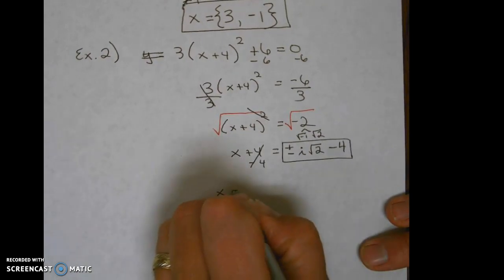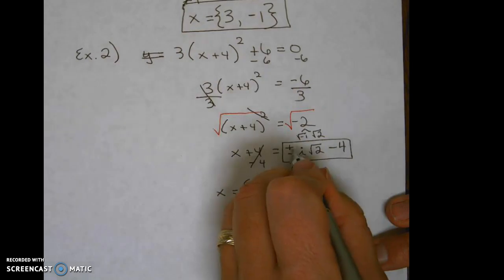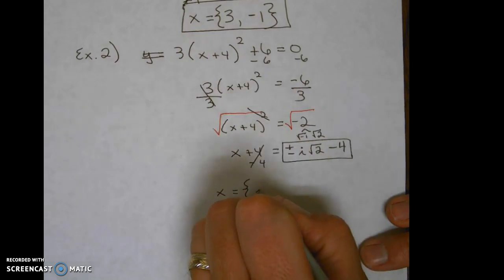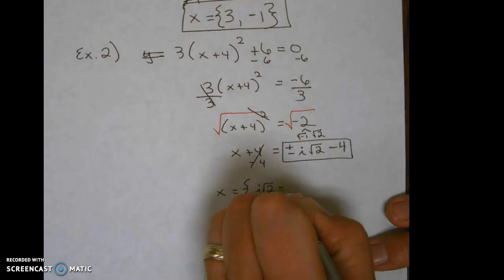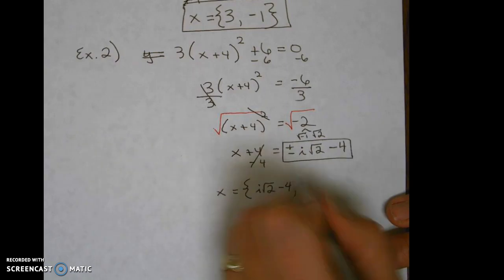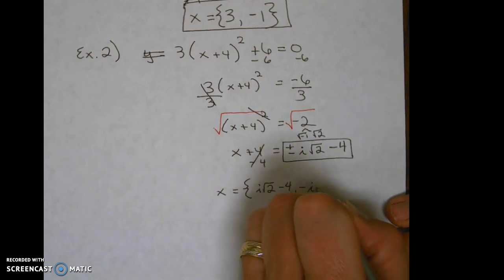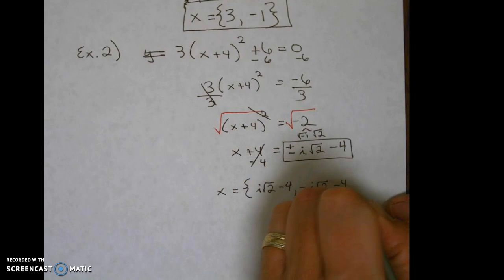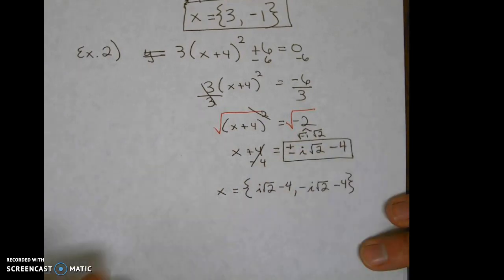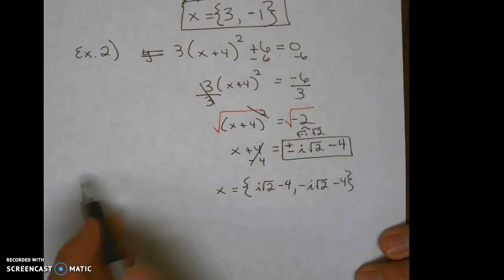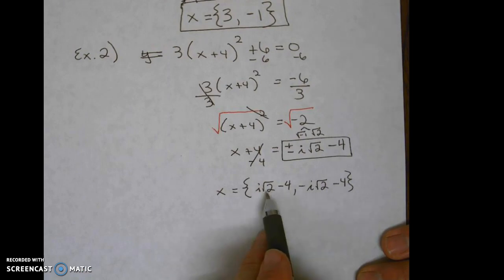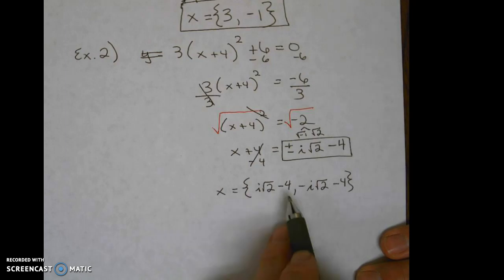So if you want to write it out, to make you feel better, we'll use the positive i radical 2 minus 4 and the negative i radical 2 minus 4. Now some of you might be asking, well, Mr. Kramer, I thought that the real part goes first and then the imaginary part. Yes, you're right.